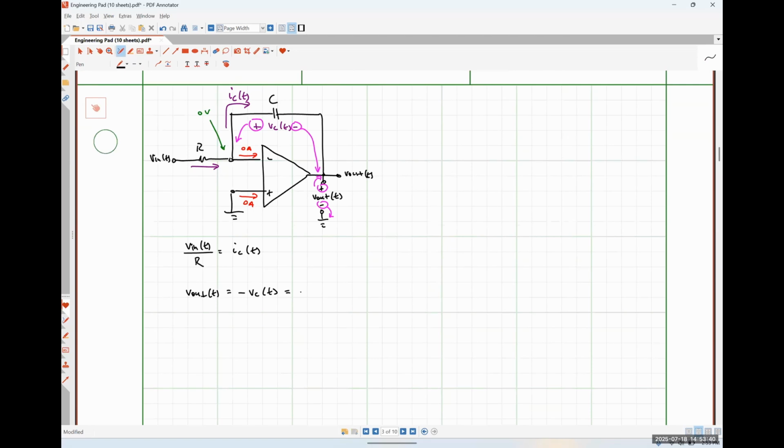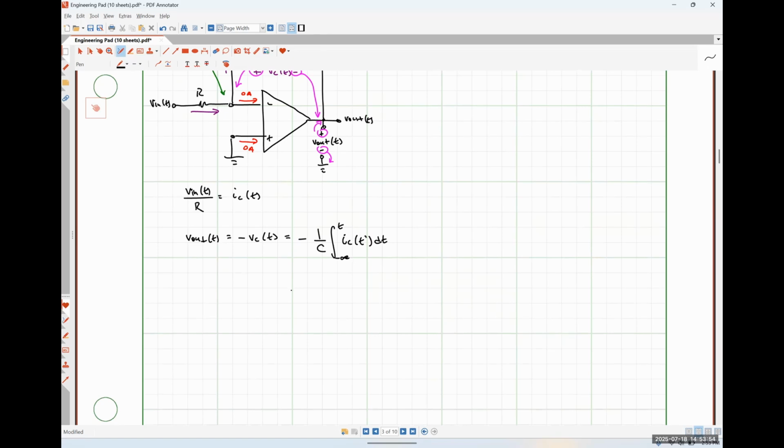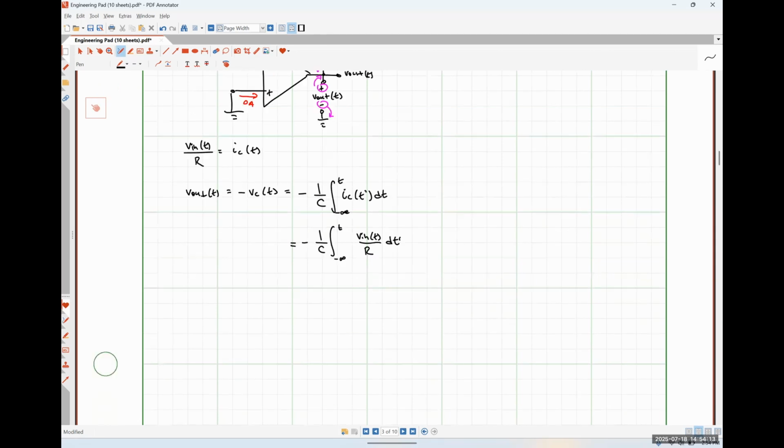That's going to give us negative 1 over C times the integral of IC. If we substitute in our relationship for IC, that's going to look like negative 1 over C times the integral from negative infinity to t of Vin over R.